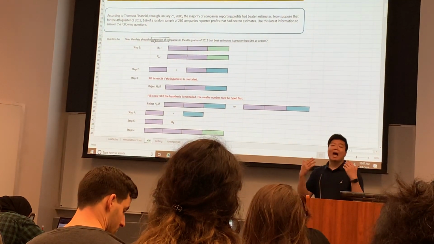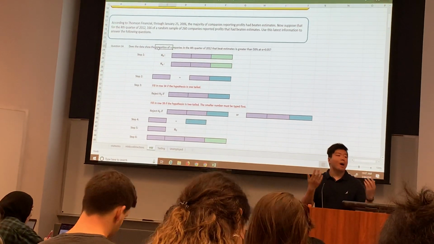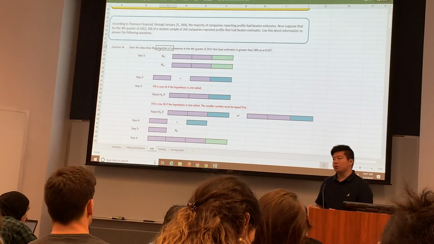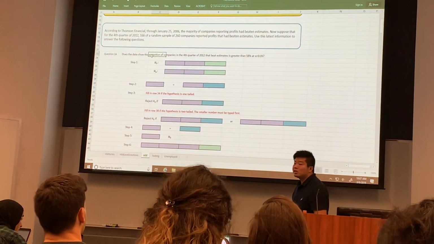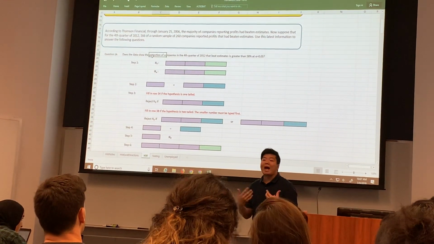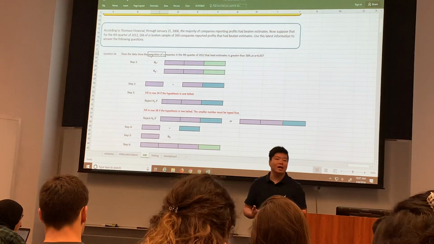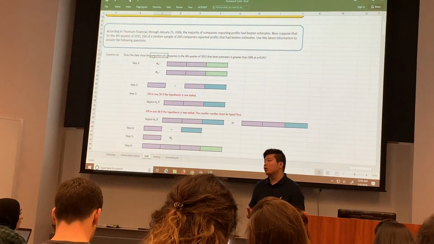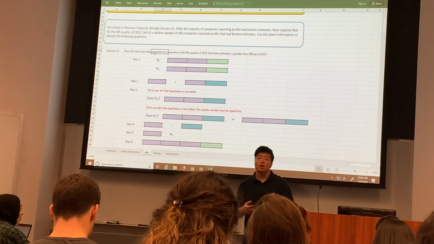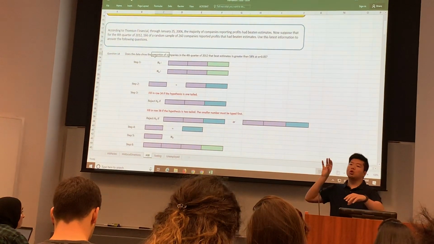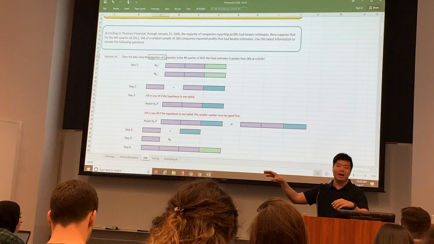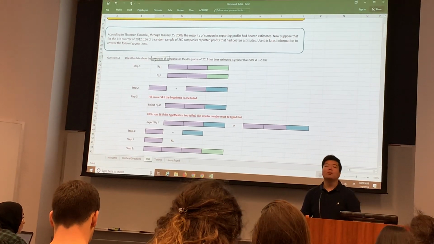That is an estimated population proportion, because we're trying to use the sample proportion to estimate the population proportion. That is what we're supposed to do.